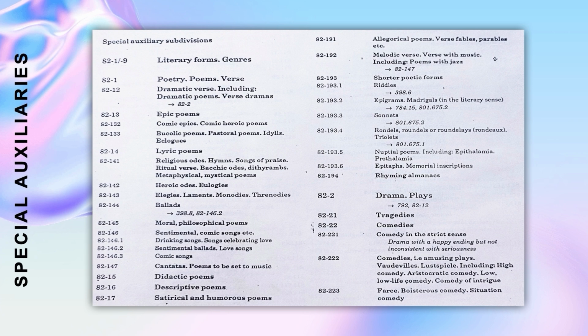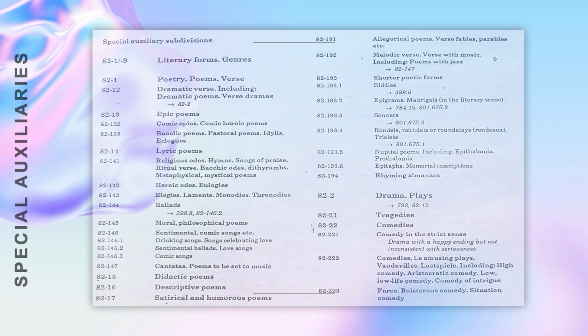You see 82-1 for poetry, 82-2 for drama, 82-3 for fiction, and so on. And there are subdivisions also; the poetry portion has 82.12 dramatic verse, 82.13 epic poem, etc. Okay.